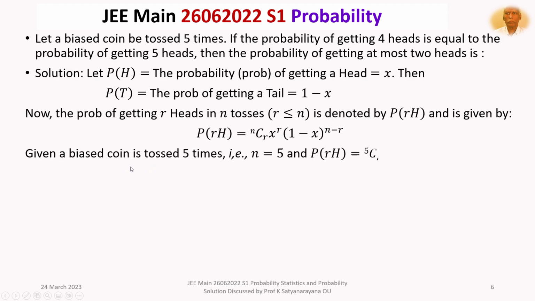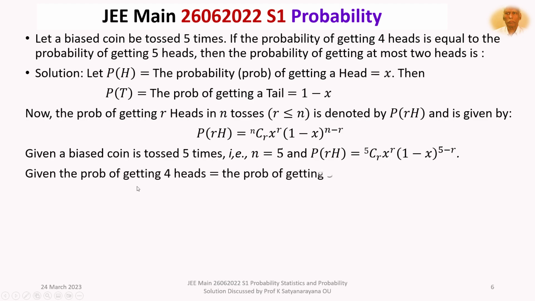We are given a biased coin tossed 5 times. Therefore, n is equal to 5. Then the probability of getting r heads is equal to 5Cr into x to the power of r into 1 minus x to the power of 5 minus r.